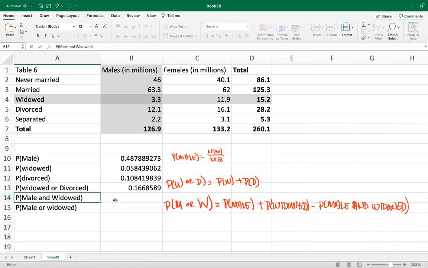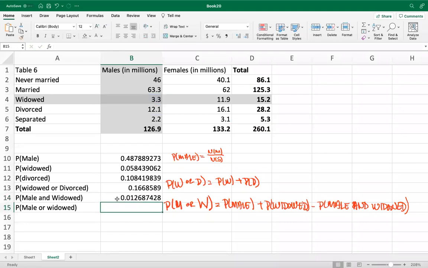Let's not clear it up. The probability of male and widowed is the number of male and widowed divided by the total sample space. So it's this one divided by the entire sample space. And now that we have that, we can follow this equation to help us get this one down here.